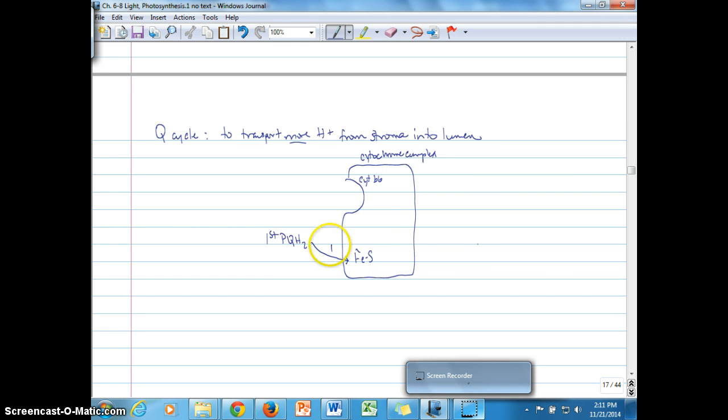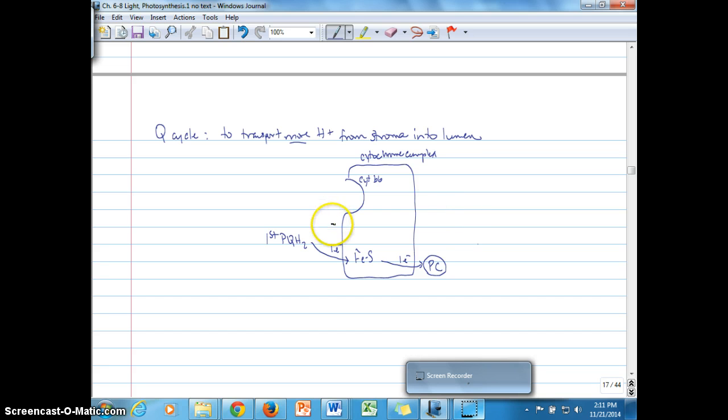And it's going to transfer one of its electrons to that iron sulfur complex, reducing it, as we said earlier. And then that one electron is then going to be transferred to plastocyanin, where the plastocyanin becomes reduced, and off it goes to photosystem 1.